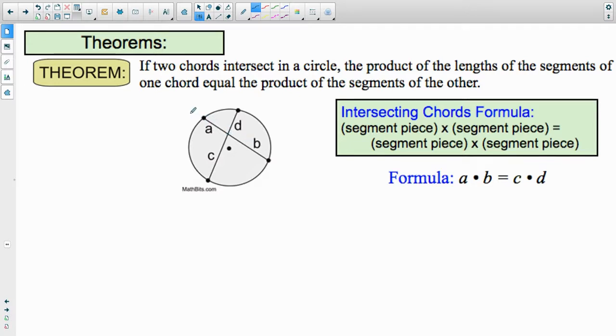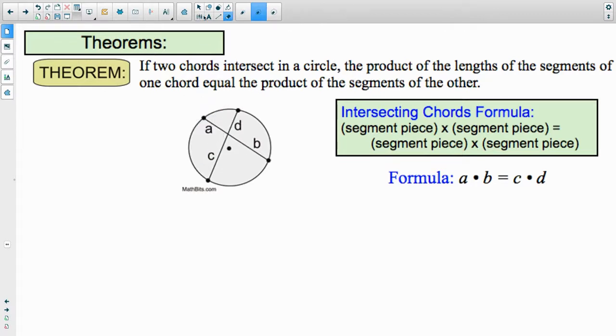Remember, we use capital letters to represent actual points, but lowercase letters could represent actual segments. So this lowercase a is really representing this part, and this lowercase b is representing that part, and this lowercase c is representing this part, while this lowercase d is representing that part, right?